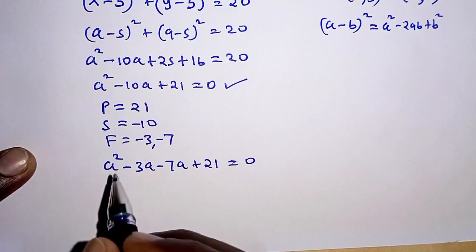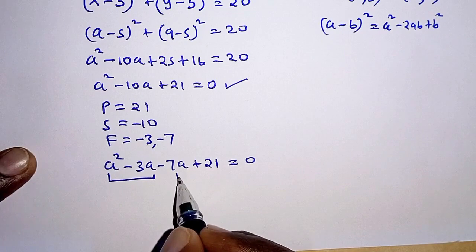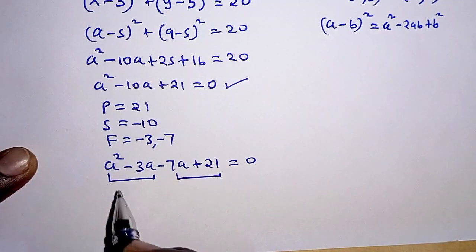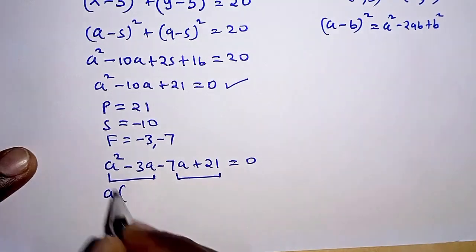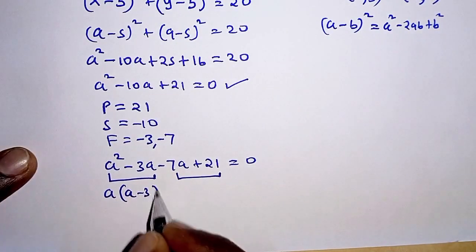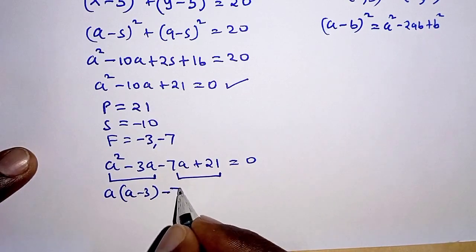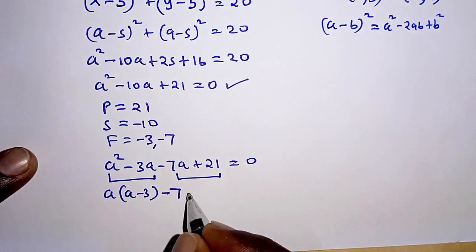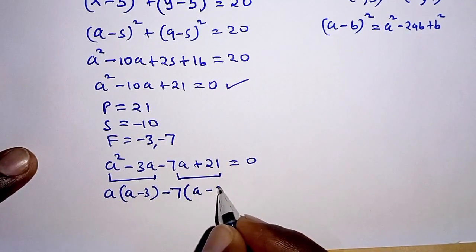We are going to factorize this by pairing. The common factor for the first part is a. So a out, in the bracket we have a minus 3. And then here negative 7 is common. Factoring it out, we have a minus 3.